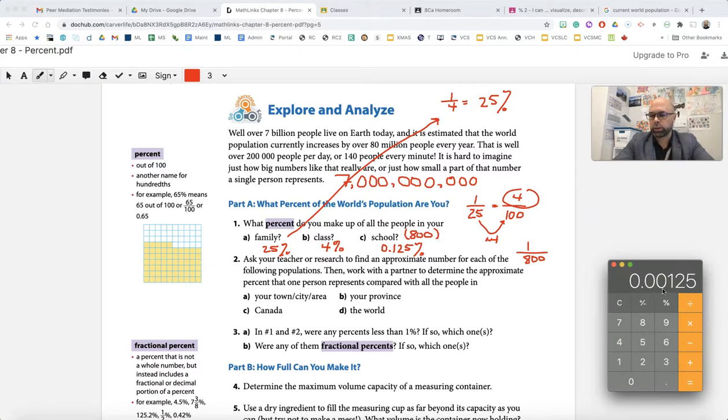There's nothing in the tenths or the hundredths place. So that's why we're going to say 0% right here, and then start the decimal right here in terms of where the numbers begin. So that brings us to 0.125%. We'll do more of those practices as well.